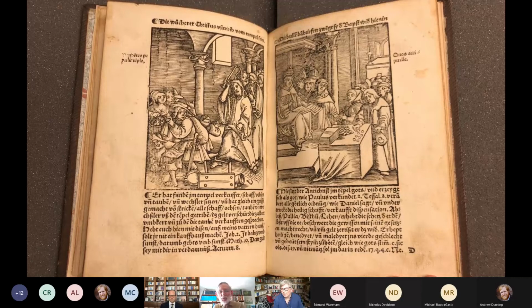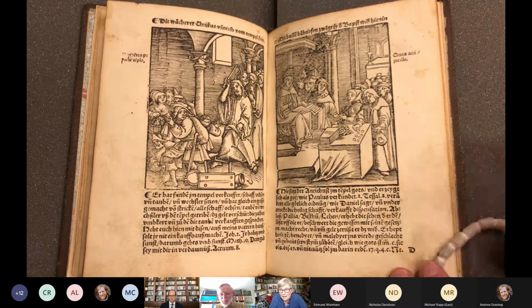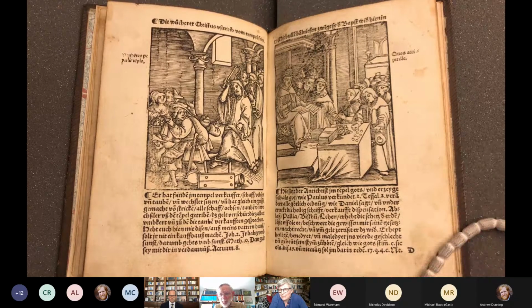And I'm wondering, does any of you who have seen now the Erfurt copy of this page remember, if you had to spot the difference, what is different between the Erfurt copy and this copy?